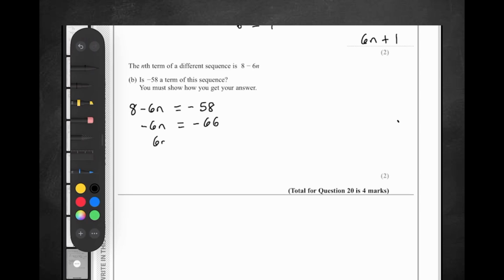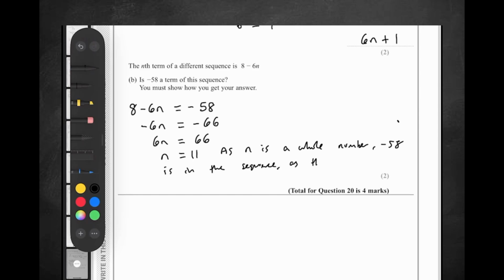Flip the minus signs, so we've got 6n equals 66. n would equal 11. So as n is a whole number, minus 58 is in the sequence as the 11th term.